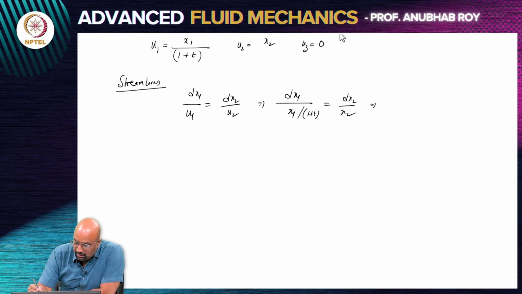Now, again this we can do analytically. Ln x1, I will take the 1 plus t multiplies here, ln x2 plus a constant.